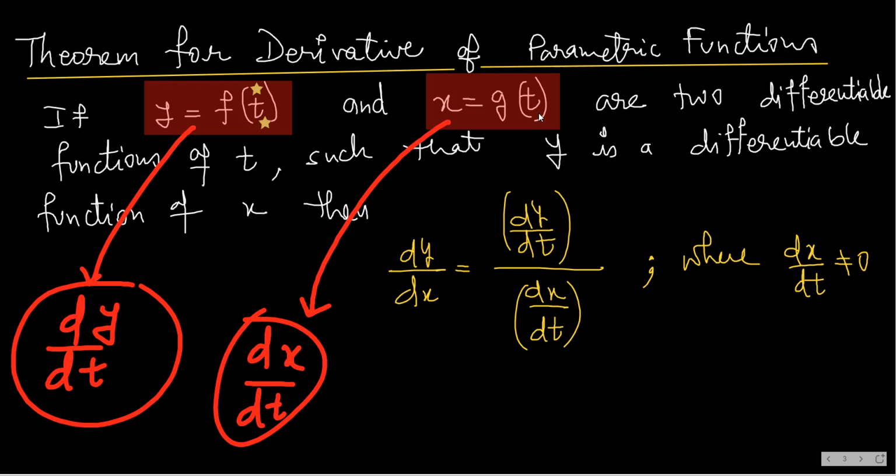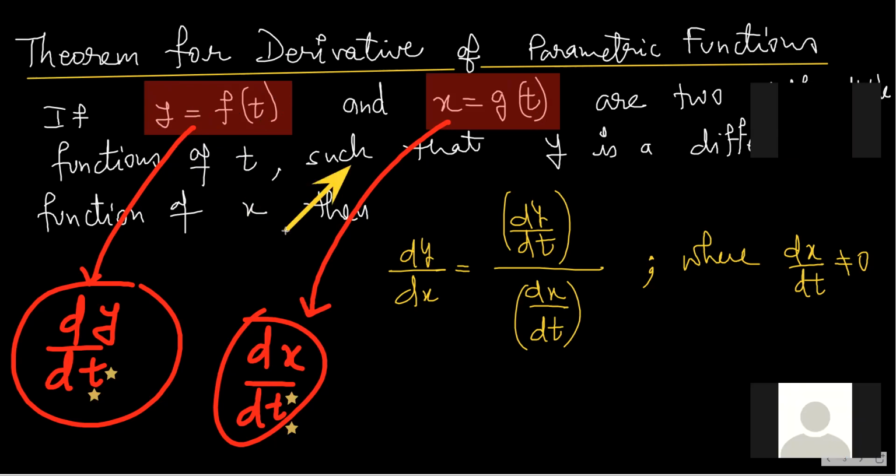X depends on variable t, y also depends on variable t. It means t is the most basic variable. So I can get the derivative of y with respect to t, and the derivative of x with respect to t. But my aim is to get the derivative of y with respect to x. That is what I want.